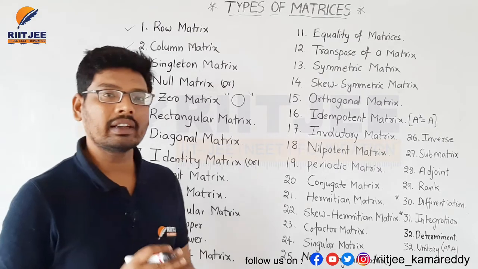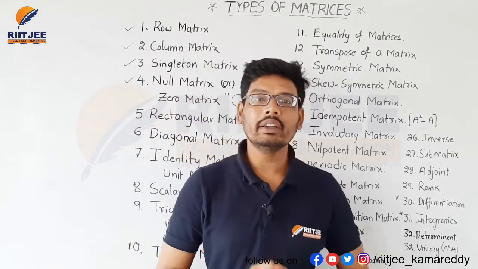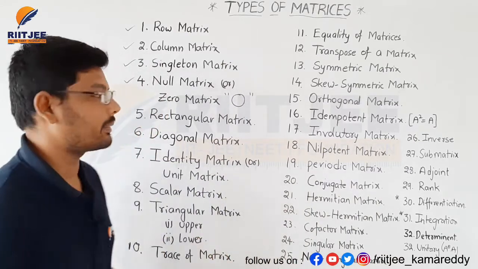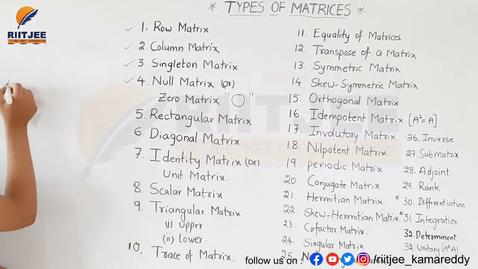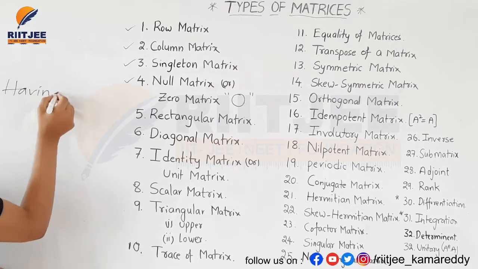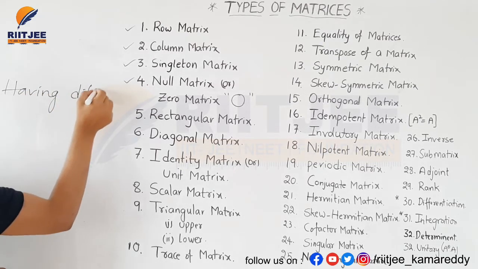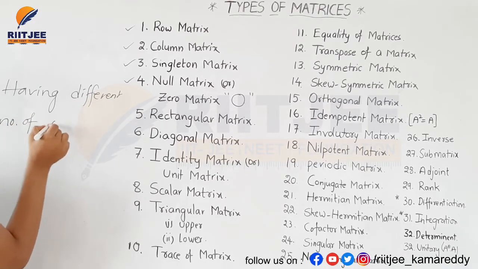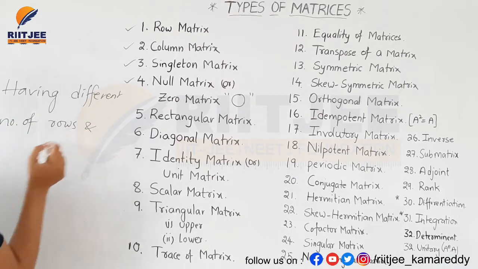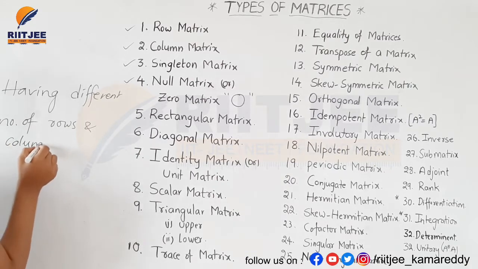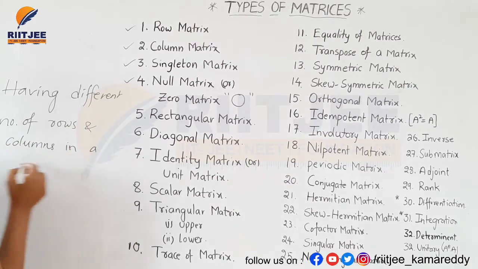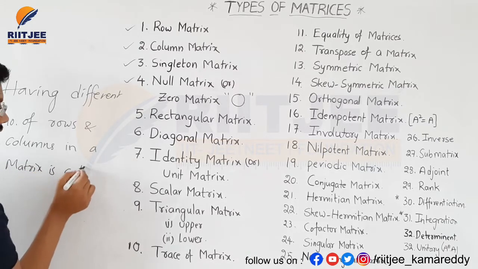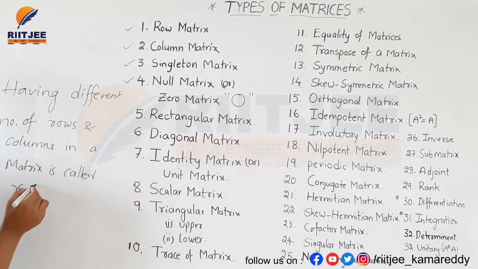The next type of matrix is the rectangular matrix. A rectangular matrix is nothing but having different numbers of rows and columns in a matrix. Having a different number of rows and columns in a matrix is called a rectangular matrix.